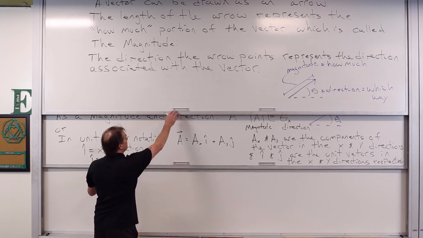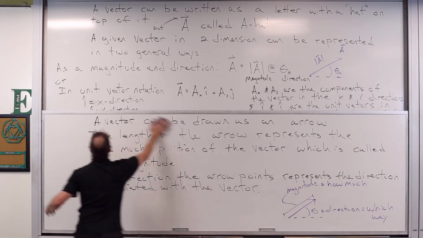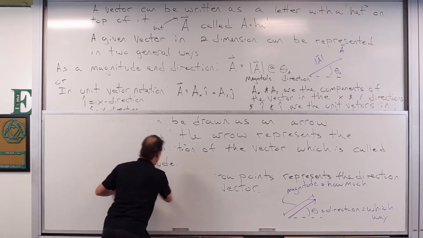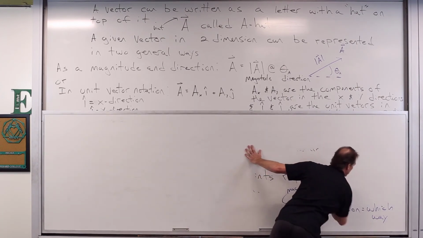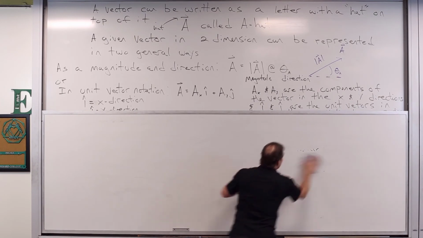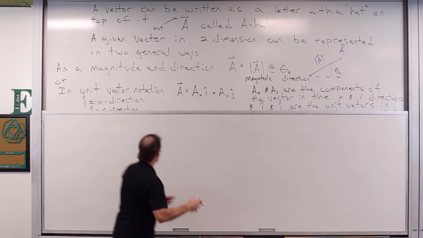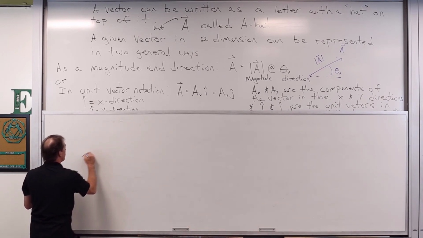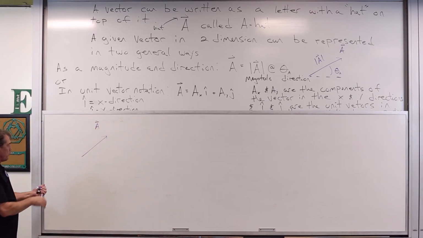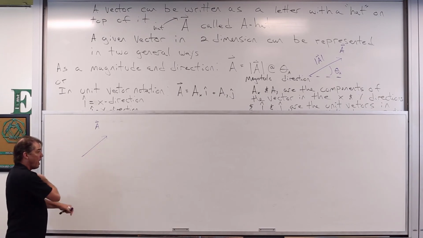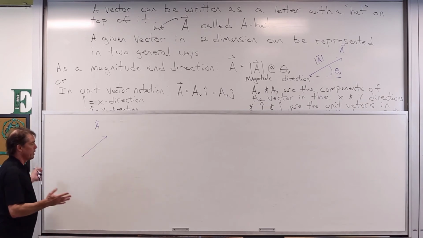So what does that look like? Do a little erasing here. Just draw it out again. We'll take that same vector A hat. So we've got our vector A hat right there, and what we can do is look at the projection of this vector onto the x direction and the projection of the vector onto the y direction, and we can form the components from that.